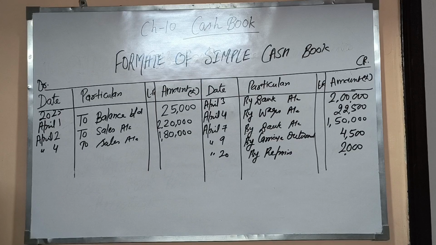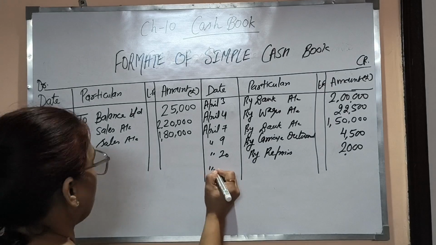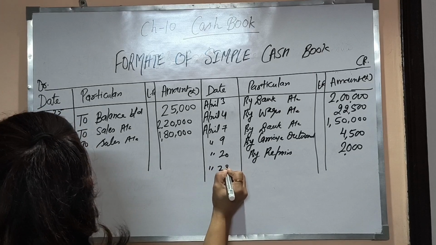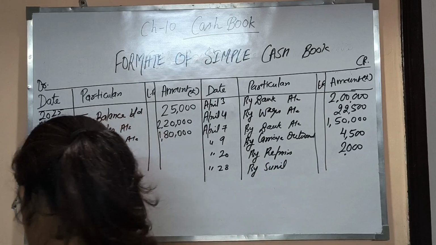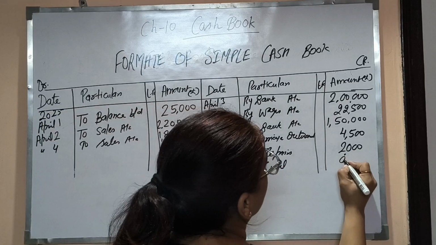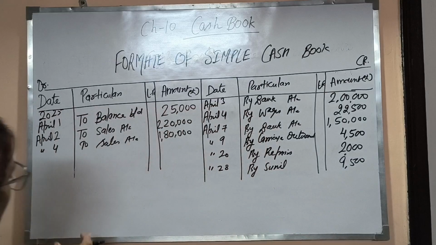Next is paid cash to Sunil, a creditor, after deducting discount 500. Cash paid to Sunil, a creditor, 28, by Sunil. The amount is 9,500 and we received discount.